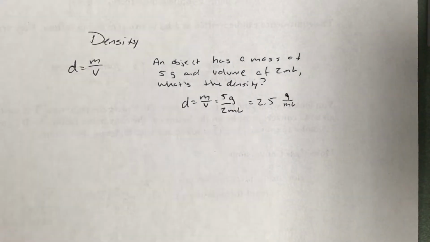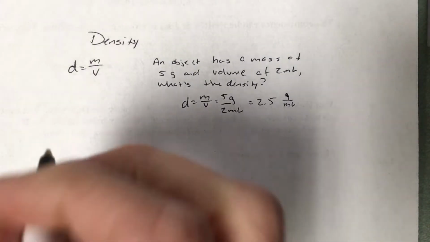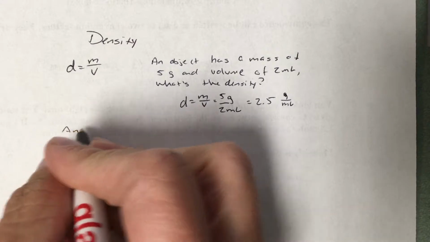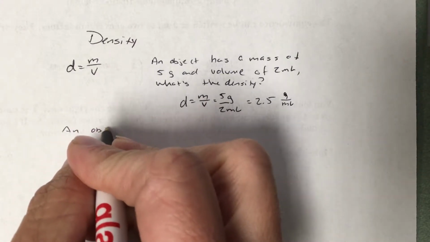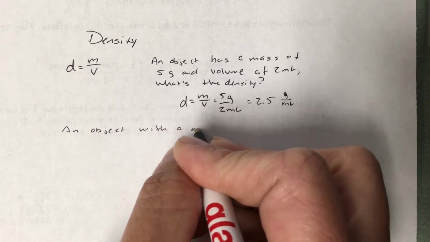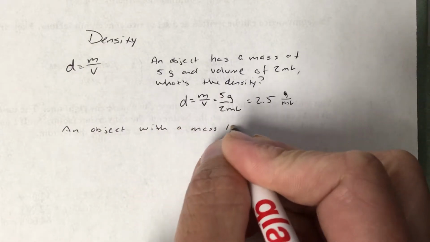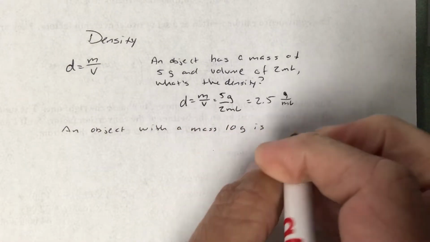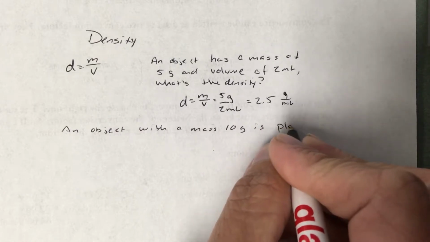Where it gets tricky is when they don't tell you the volume in a nice, straightforward kind of way. They can do it a couple of different ways. Like this. An object with a mass of 10 grams is placed in a graduated cylinder.